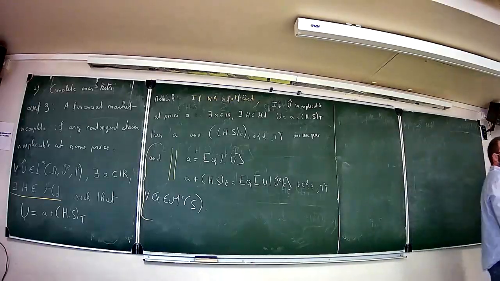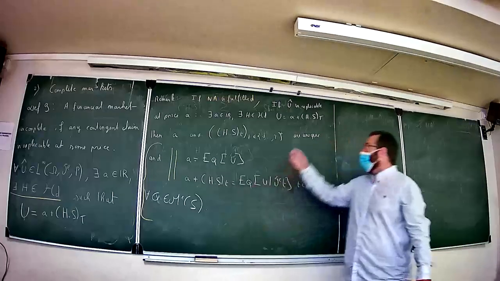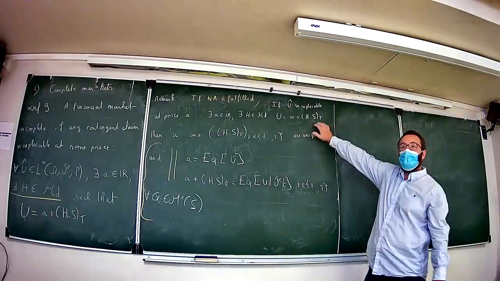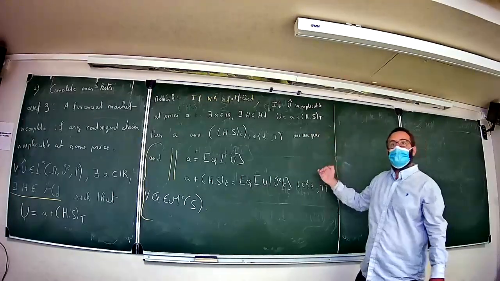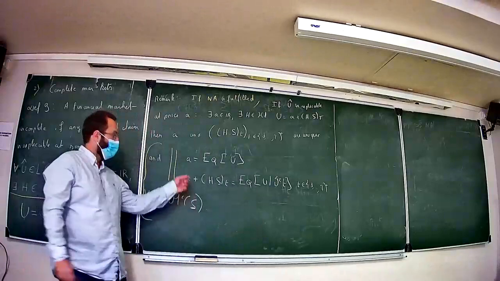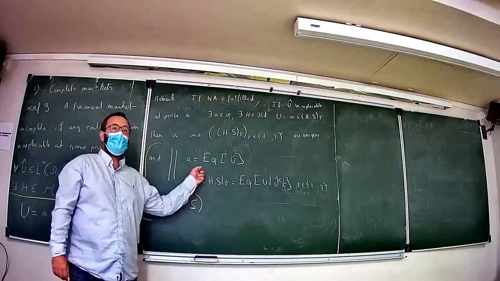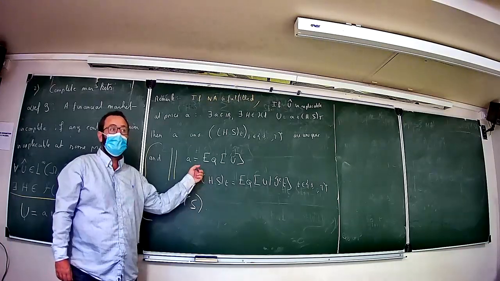So the fact that A is equal to something and that I have this equality is just a consequence of the definition of being replicable at price A, and I take the expectation and the conditional expectation in order to obtain this one and this one. Are you okay with this?